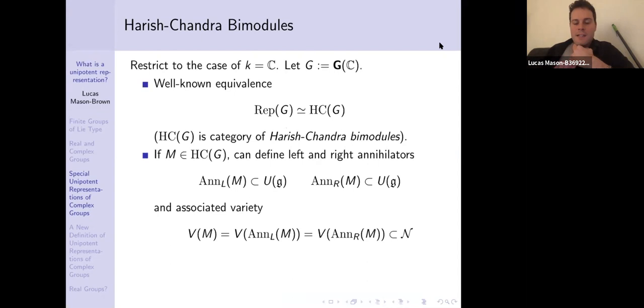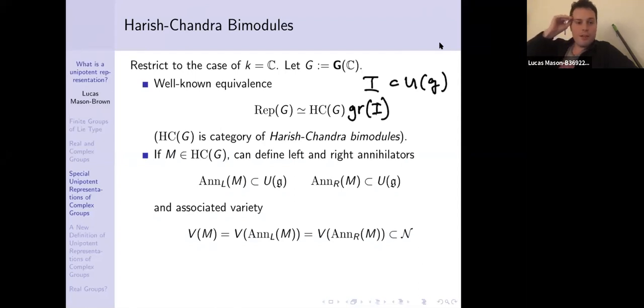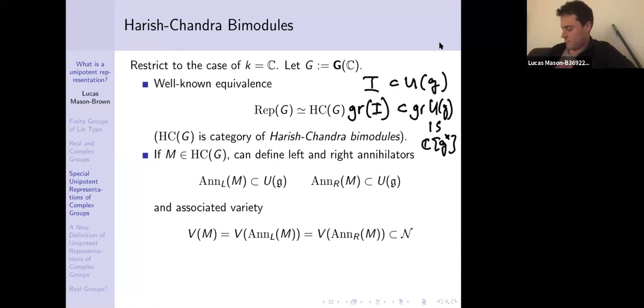And if you have any ideal, say I, in the universal enveloping algebra, then it inherits a filtration from the natural filtration on UG, and the associated graded is identified with an ideal in the algebra of functions on G star by means of the Poincare-Birkhoff-Witt isomorphism.